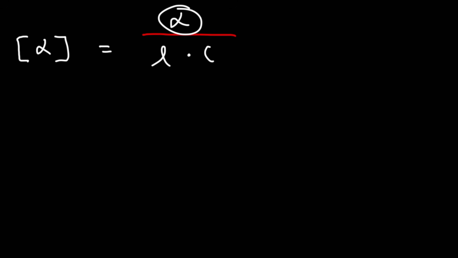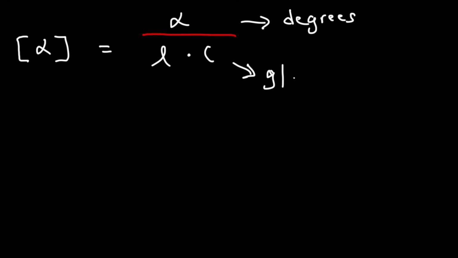Alpha without the brackets is the observed rotation, and it's an angle measured in degrees. The same is true for the specific rotation, which is in brackets. C is the concentration of the sample or the solution, which is typically in grams per milliliter. Sometimes it might be represented in literature as grams per 100 milliliters.